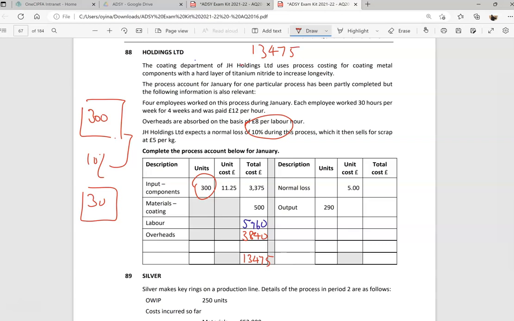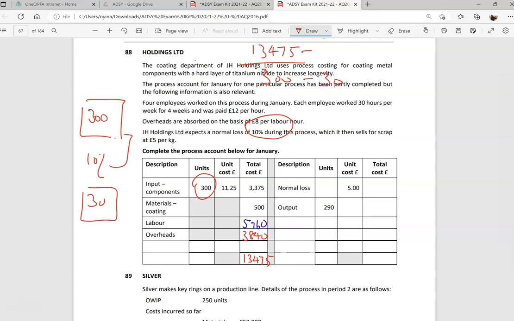In a perfect world, 300 units would come out and we would measure them at whatever the value per unit was. But we expect to lose 30 units.